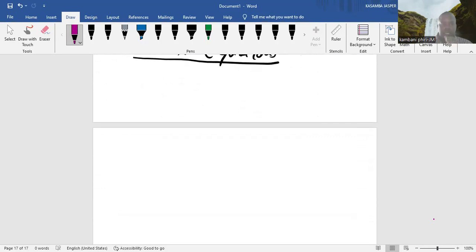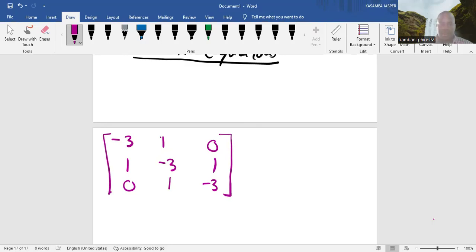So we are going to have negative 3, 1, 0; then 1, negative 3, 1; then 0, 1, negative 3. We multiply this by T1, T2, and T3.